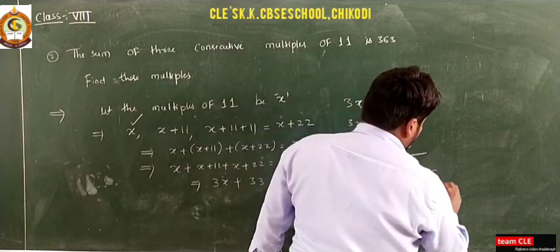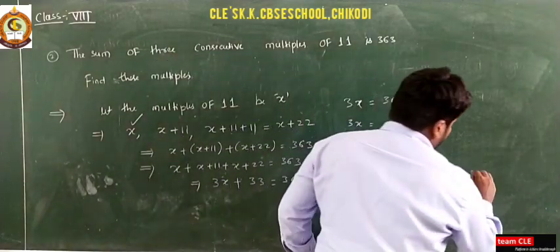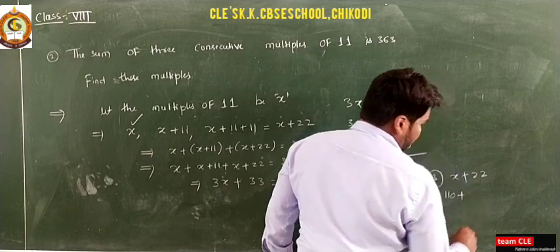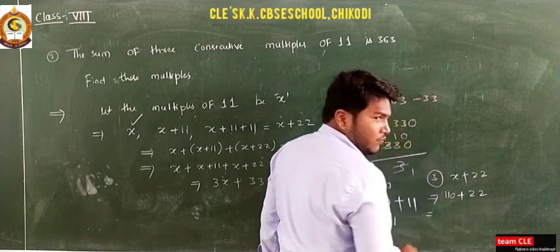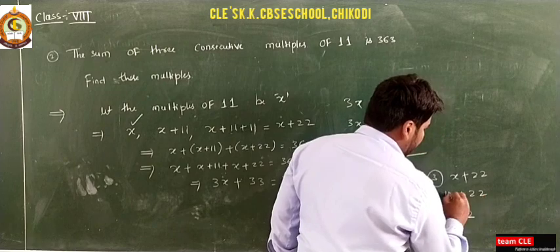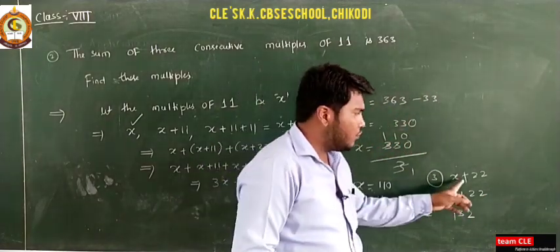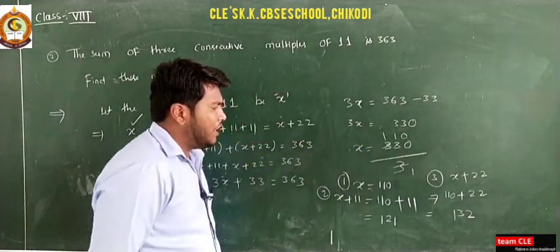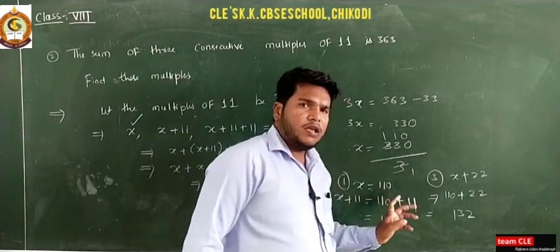Next, the third one is x plus 22, which is 110 plus 22. 0 plus 2 is 2, 2 plus 1 is 3, remaining is 1, that is 132. So the third multiple is 132, the second multiple is 121, and the first multiple is 110.